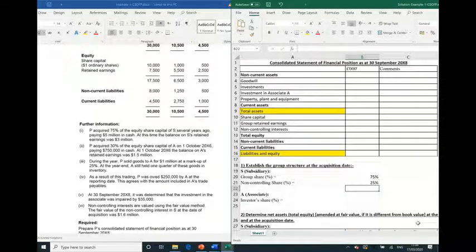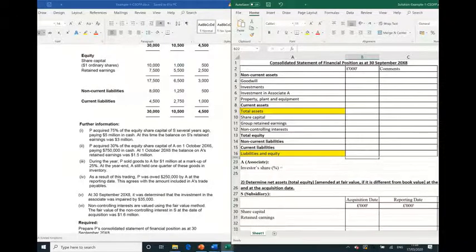B acquired 30% of the equity share capital of A, the associate, on the 1st of October 2006, paying 750,000 in cash. And at the 1st of October 2006, the balance of A's retained earning was $1.5 million.